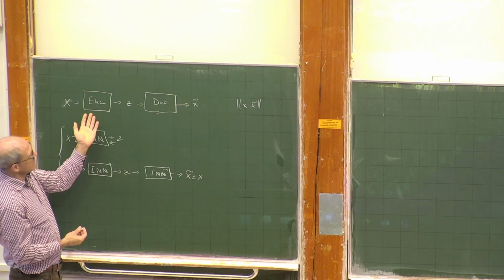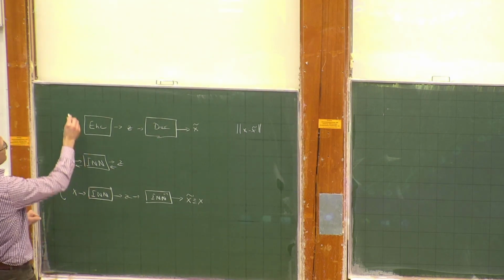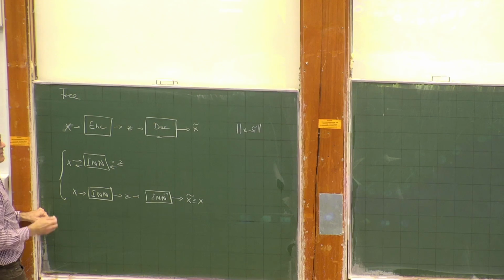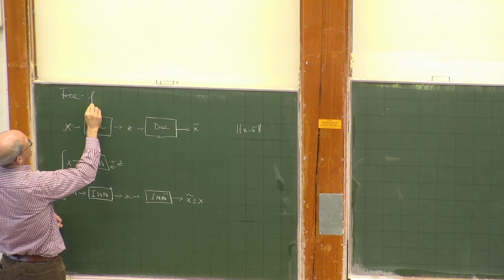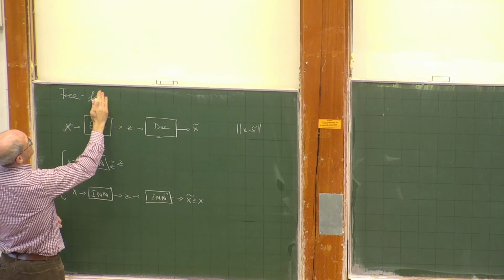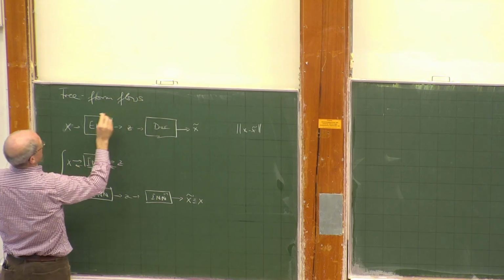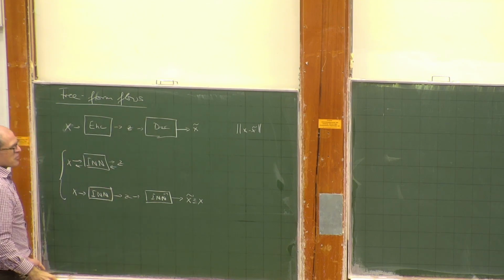And indeed, this is a very nice idea that has been developed here in Heidelberg in the lab of Ulrich Köthe. Felix Draxler and Peter Sorensen have explored this idea under the title of free-form flows.